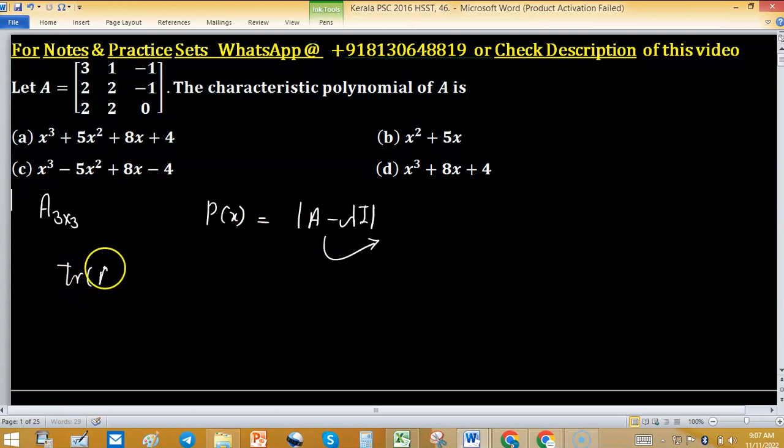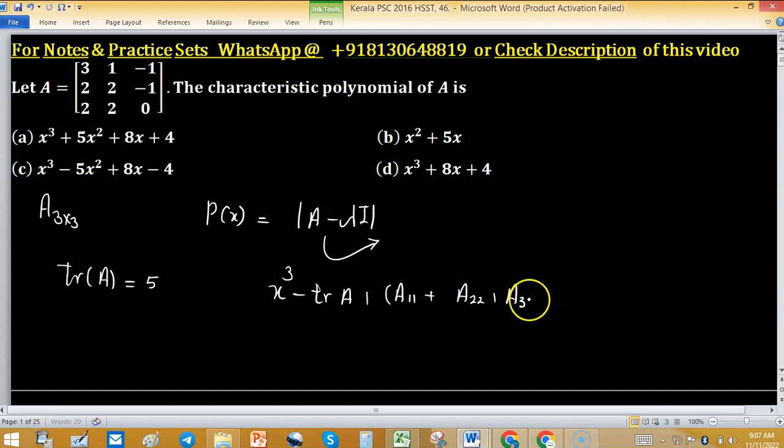The trace of this matrix A equals 5, and this is a matrix of size 3 cross 3. That's why the polynomial has the structure x^3 minus trace of A, plus the cofactors A11, A22, A33 times x, minus the determinant of matrix A. This is the characteristic polynomial.